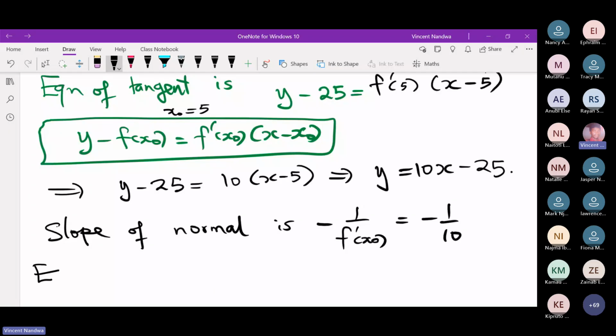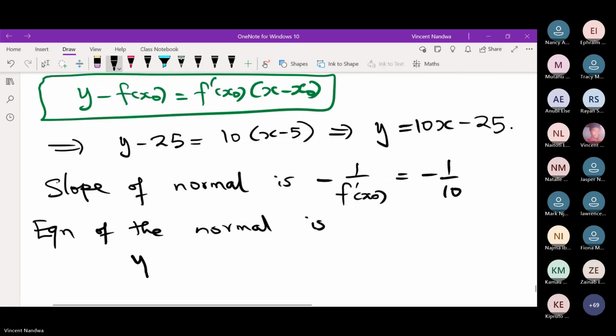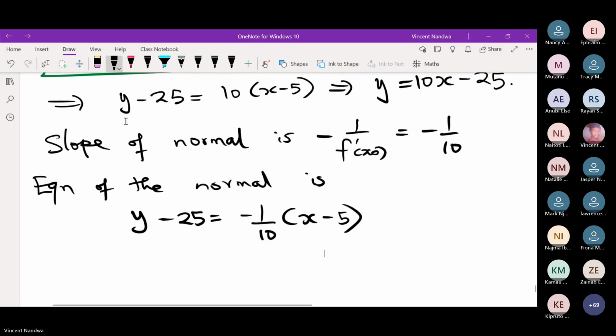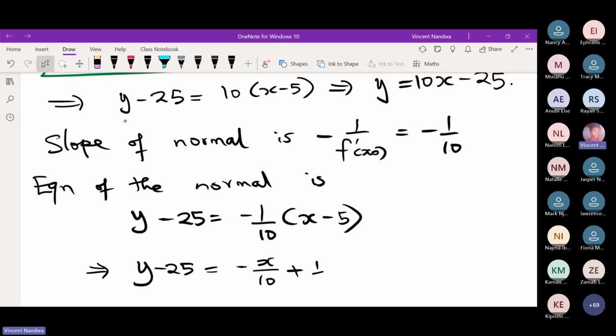So the equation of the normal takes the same structure, only that this part is what changes. So we'll have y minus 25 equals negative 1 over 10 into x minus 5. So we'll have y minus 25 equals minus x over 10 plus a half.